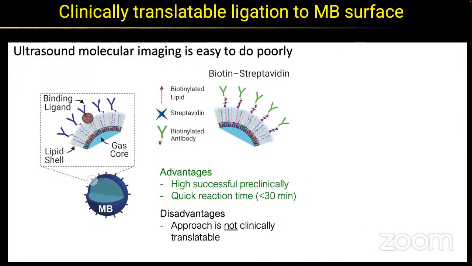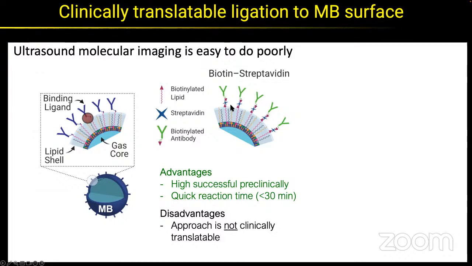Now, ultrasound molecular imaging is actually really easy to do poorly. Let's say you buy a preclinical ultrasound system, and you really want to get into ultrasound molecular imaging. Contact the company, and they'll sell you what are called target-ready microbubbles. This uses a beautiful reaction between streptavidin and biotin.